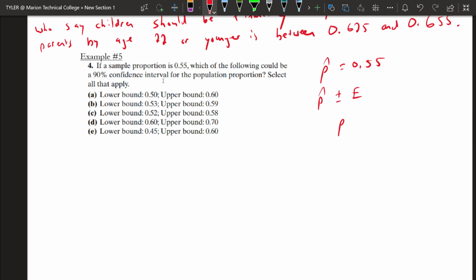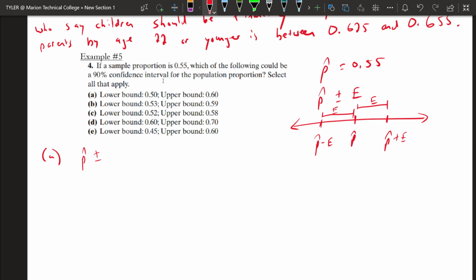So if you look at this on a number line, right here is going to be p hat, over here is going to be p hat plus E, and over here is going to be p hat minus E. So between each of these are E units, right? So p hat should be right in the center of your lower and upper bound of the confidence interval. So if I look at part A, under a little bit of inspection, you can note that if I take p hat plus or minus 0.05, then this one works out.